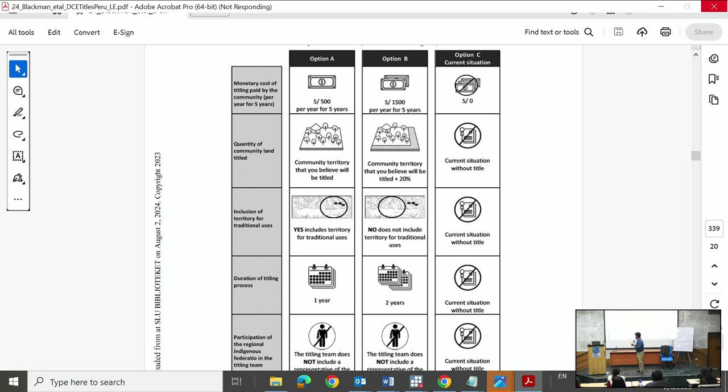One of the interesting things is, with the discrete choice experiment, you are always going to be able to obtain marginal willingness to pay.